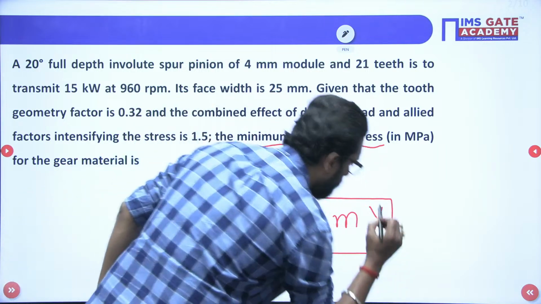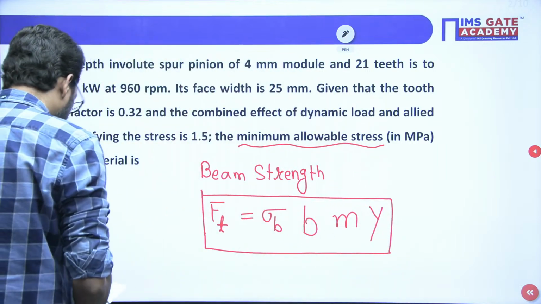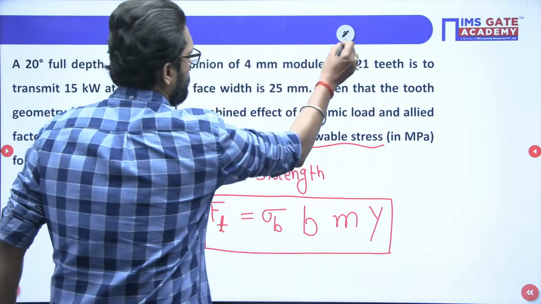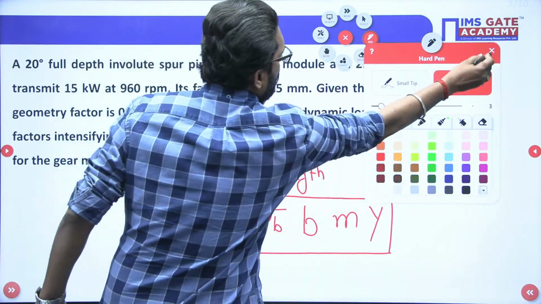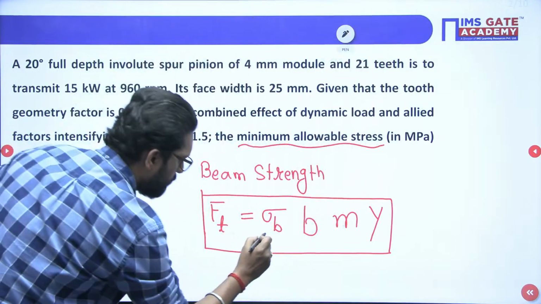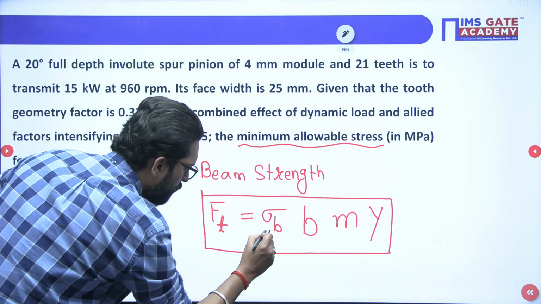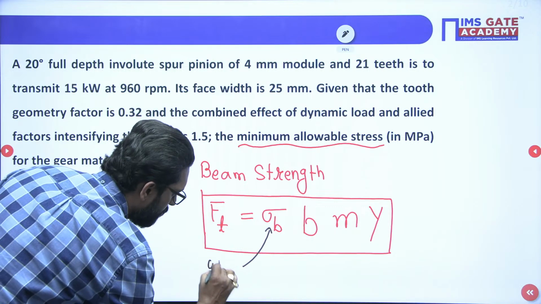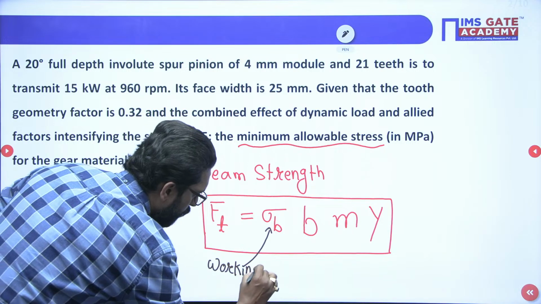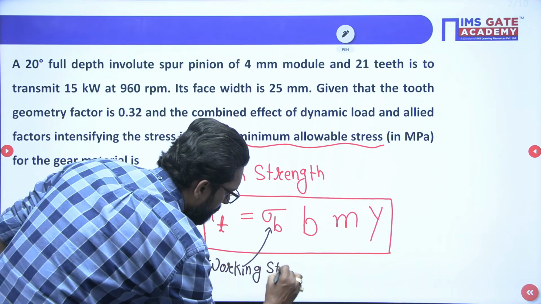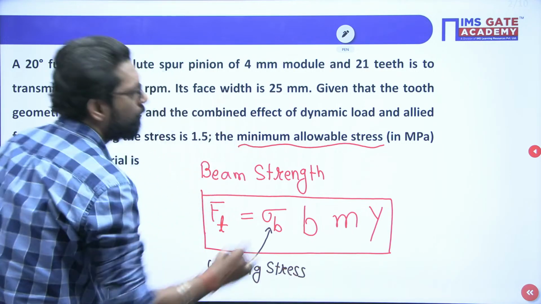In this formula, sigma b is your working stress. Clear? This is your working stress.